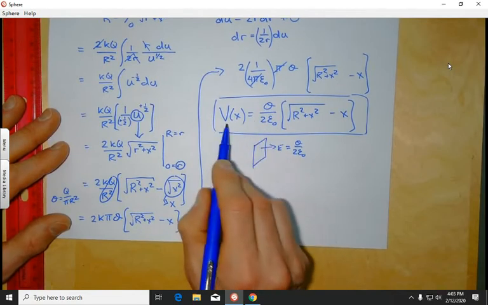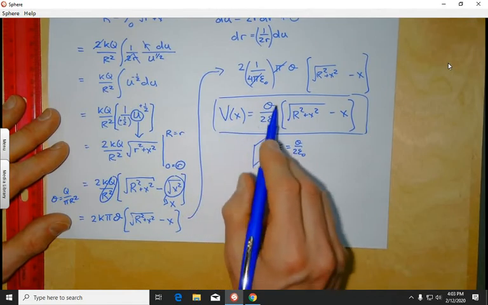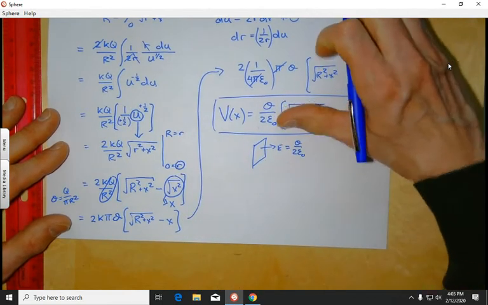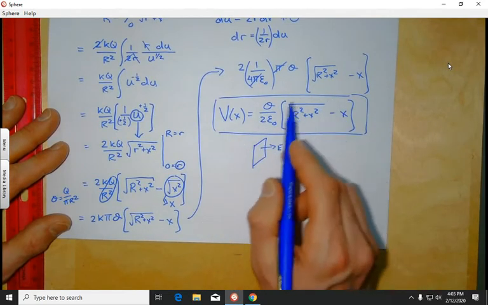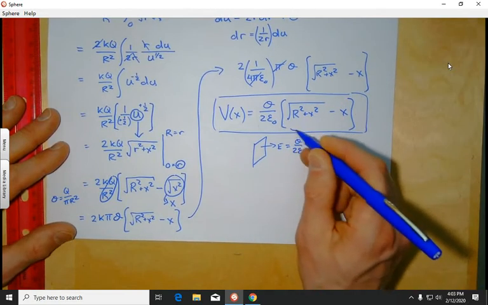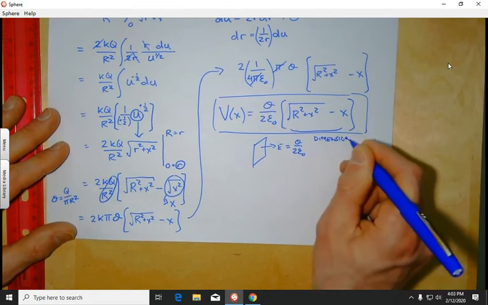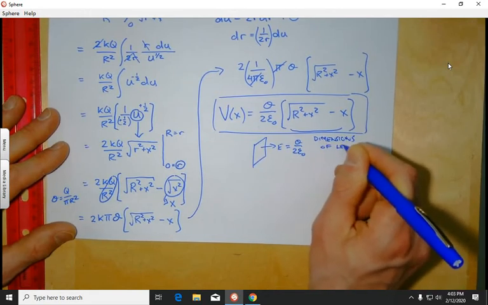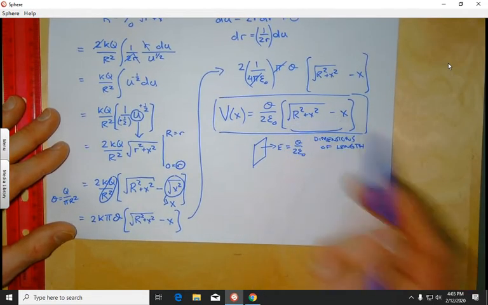And the other thing is that this isn't electric field, this is potential, right? So you wouldn't expect the answer to simply be something like that. Potential is going to be field times a distance. So all this stuff in here, if you think about it, has the dimensions of length. Right? Because you've got length minus length.